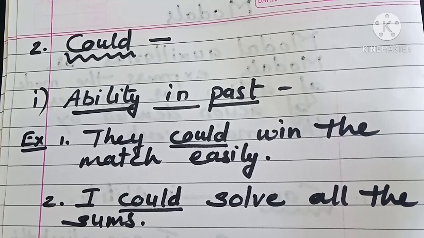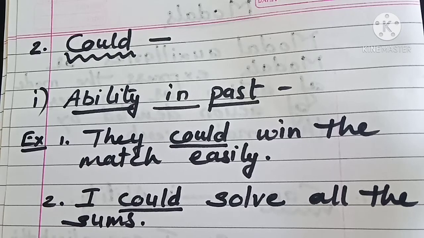This action has also taken place in the past, that is why we have used could. The person saying this wants to say that he had the ability to solve all the sums. So we have used could to express ability in the past.